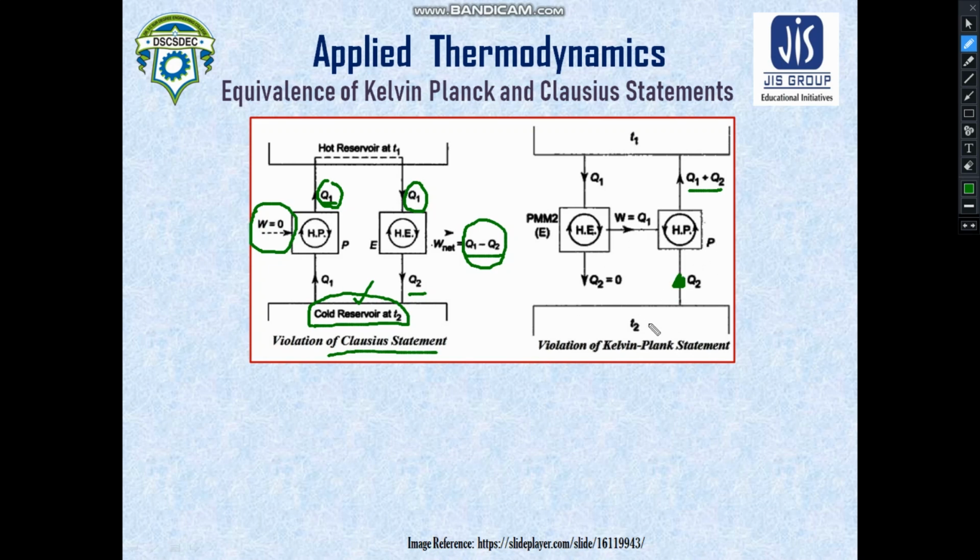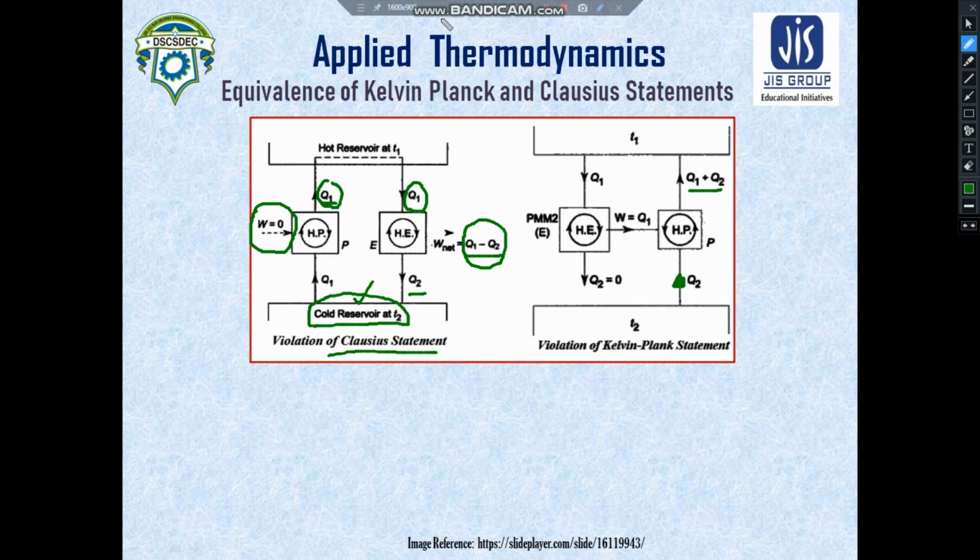Okay, without disturbing the surroundings, without producing any other effect. So this is a clear cut violation of the Clausius statement. Okay, so you can see that if any part of the system is violating Kelvin Planck, then it is quite obvious that it will also violate the Clausius statement.